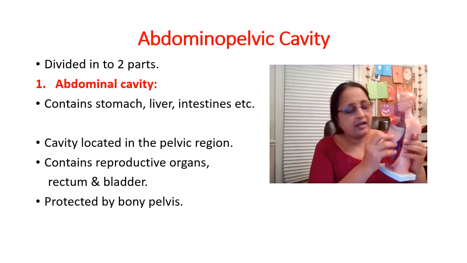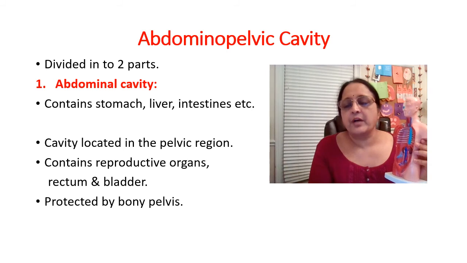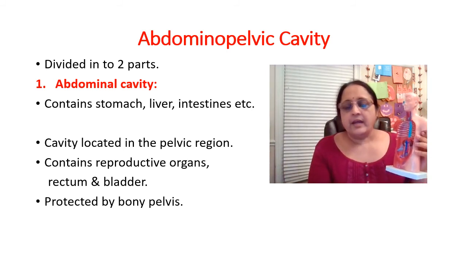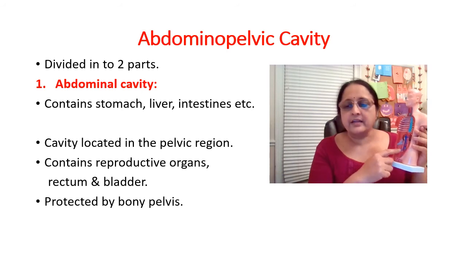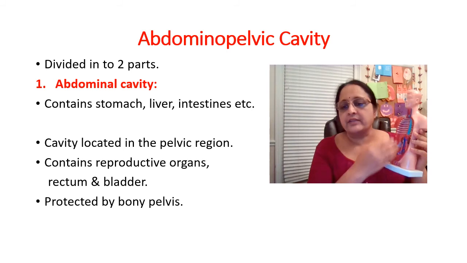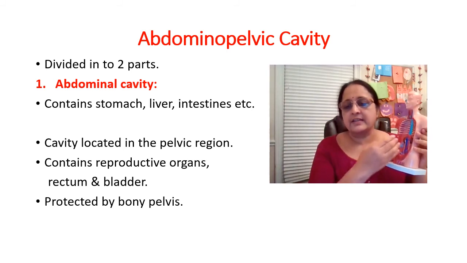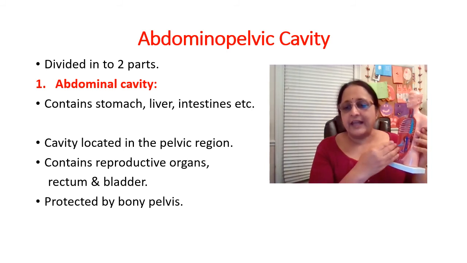So the majority of the abdominal region contains the digestive system's parts, we can say. And the pelvic region, or pelvic cavity, contains the reproductive structures and the posterior part of the digestive system, such as rectum, and urinary structures like bladder, etc.